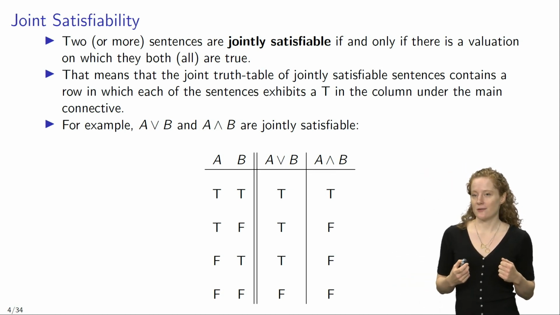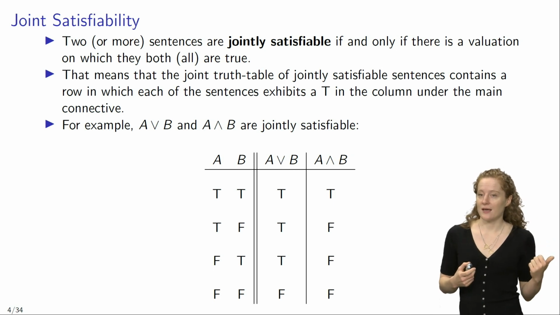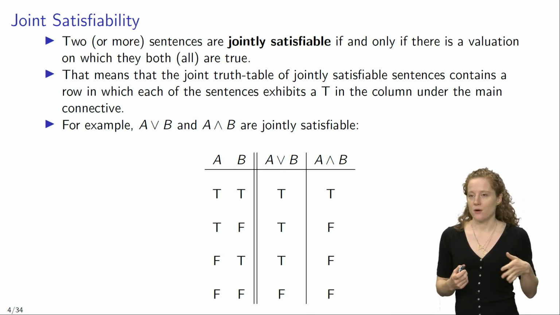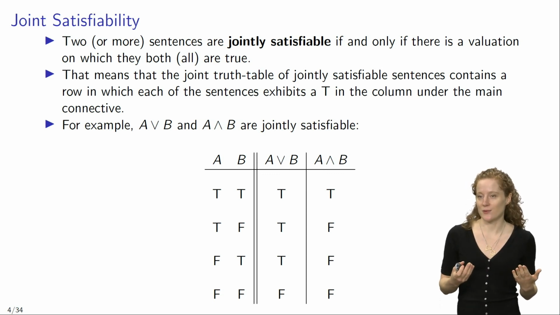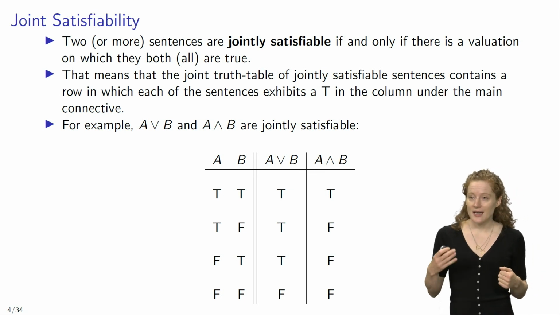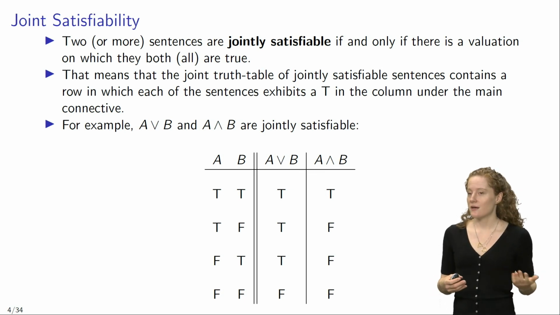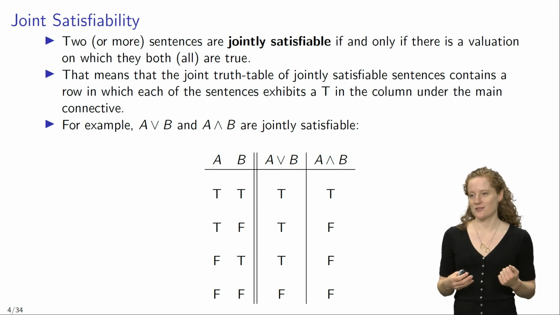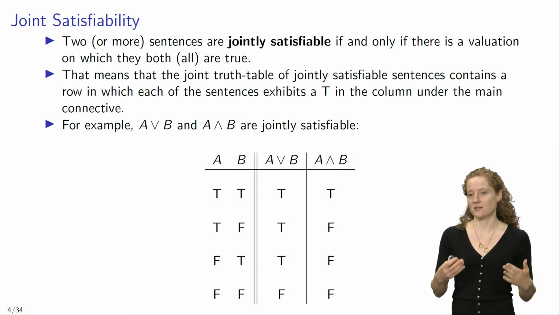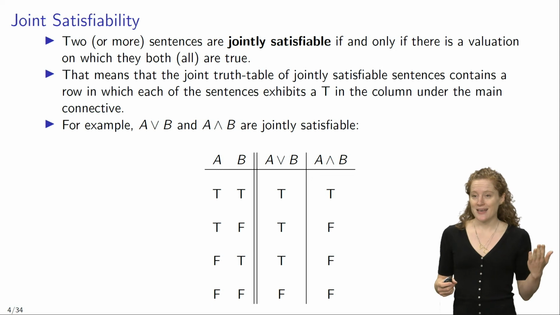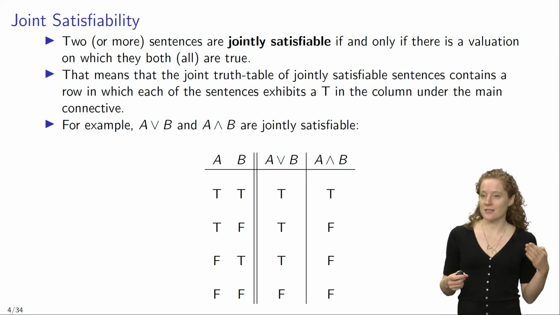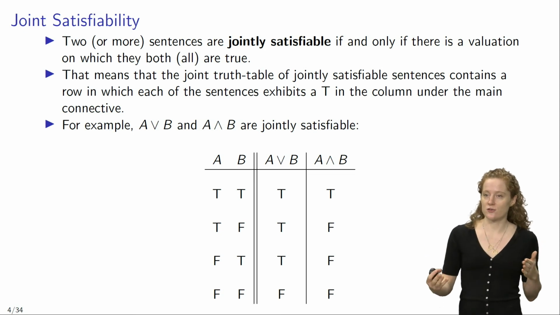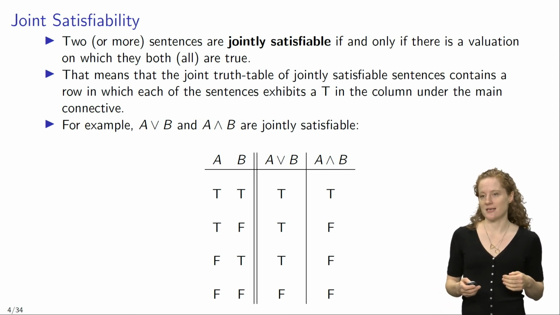So you see that when both A and B are true, A or B is true, given that the truth of a disjunction requires that at least one of the two disjuncts is true, and A and B is also true, given that a conjunction is true if and only if both conjuncts are true. So there is a valuation represented in the first row of this truth table on which both sentences are true, and that means that they are jointly satisfiable.